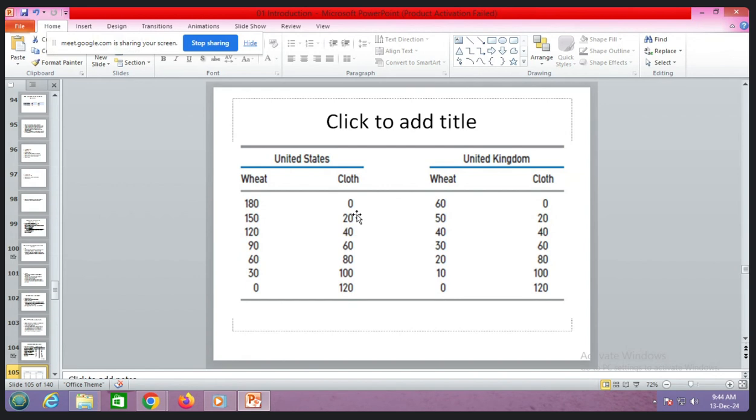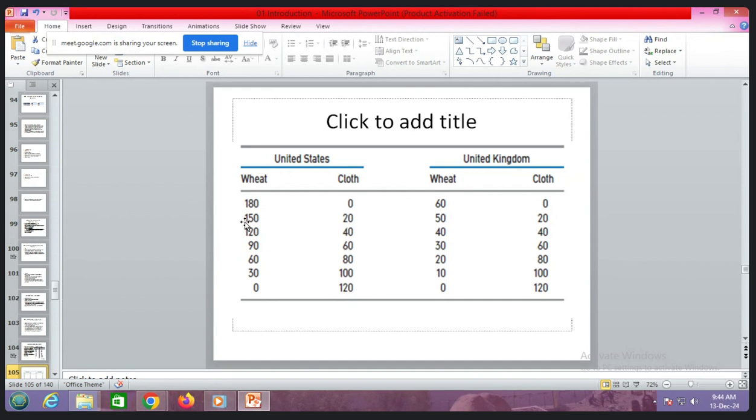Remember, our assumption is constant opportunity cost. In the next lecture, I'll be doing increasing opportunity cost theory, but here we are doing constant opportunity cost theory.